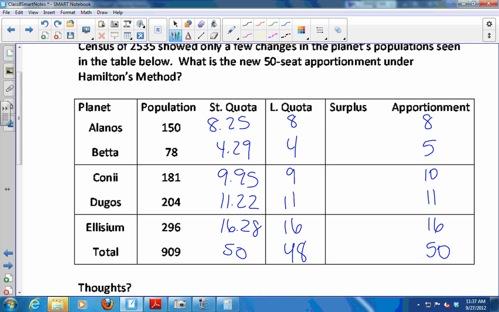So I have 2 to give out, so I'm going to give 1 to Beta and Coney. So I have 5 for Beta, 10 for Coney, and everyone else gets their lower quota: 8, 5, 10, 11, 16.